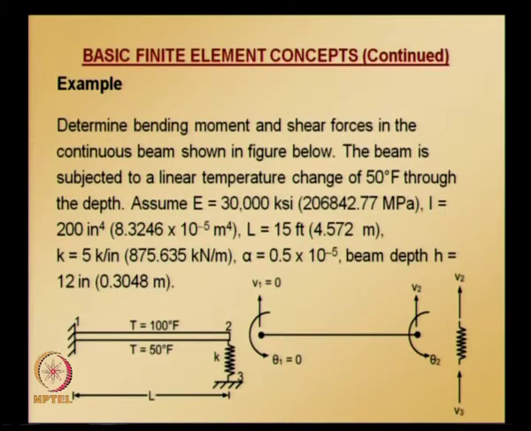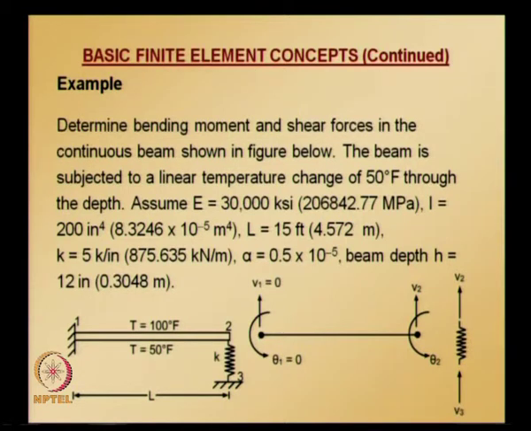Before doing that, imagining there is a temperature change, the beam element is going to be subjected to uniform bending. So imagining this beam element to be fixed at both ends, we need to calculate the fixed end moment solution, and that is used to calculate the equivalent nodal vector for the beam element.